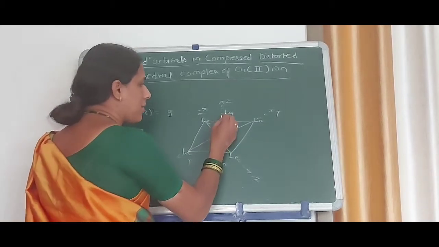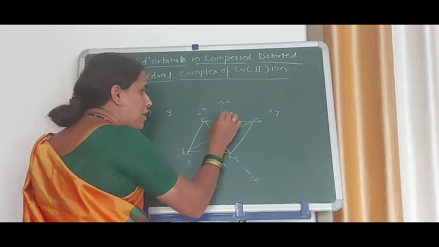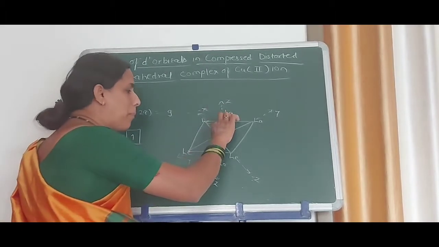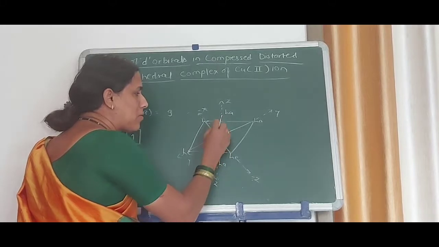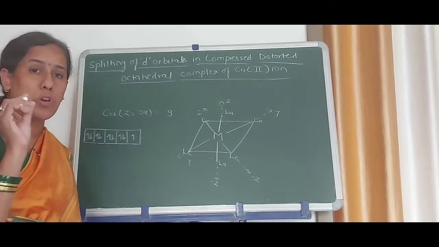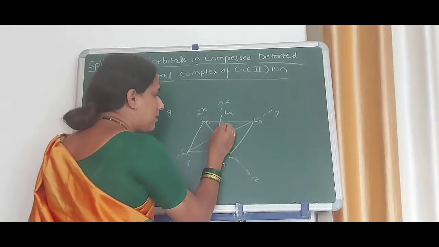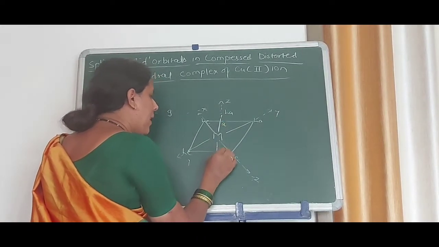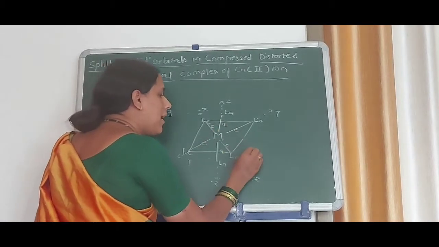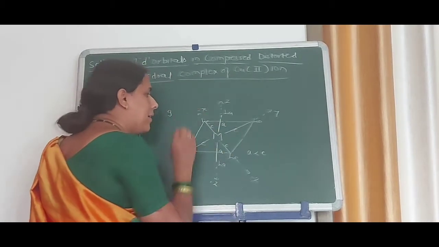What is going on here? The ligands which are trans to the central metal ion are compressed. Compressing means that the distance between the central metal ion and the ligands is shortened. If the axial distance is denoted by a and the equatorial distance by e, then a is less than e.